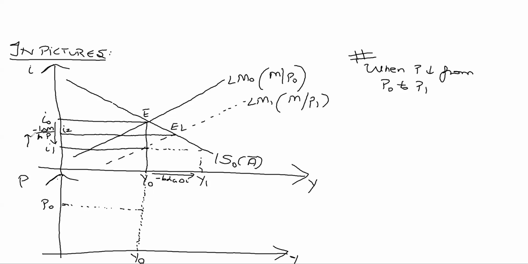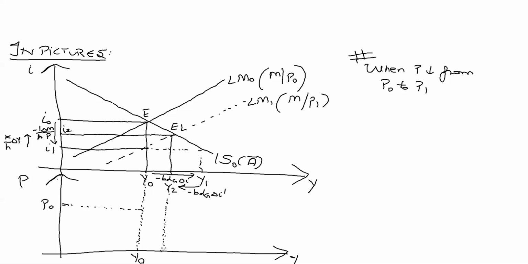This rise from I1 to I2 will be K by H times change in Y. The fall from I0 to I1 is -1 upon H times change in M by P. The rise from I1 to I2 is K by H times change in Y. Output falls from Y1 to Y2, and this tiny fall is how much? Minus B alpha G change in I dash. So now Y2 is the new level of output.